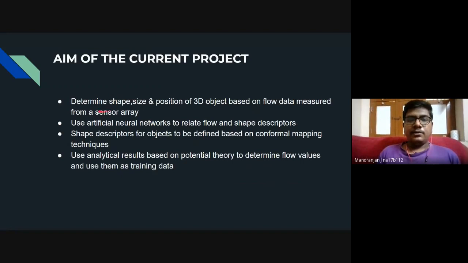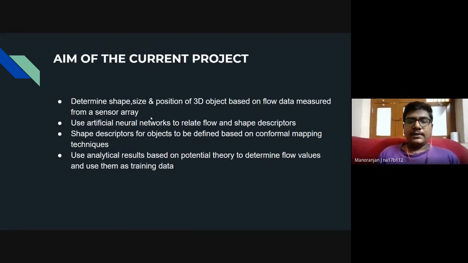I'm trying to determine the shape, size, and position of the object based on the flow data measured from a sensor array. We'll be using an artificial neural network to relate the flow and the shape descriptors. The shape descriptors for the object are to be defined based on the conformal mapping techniques that we have just looked at in the previous paper.